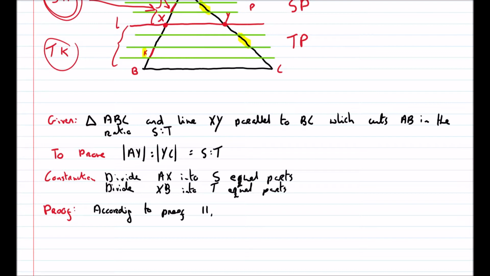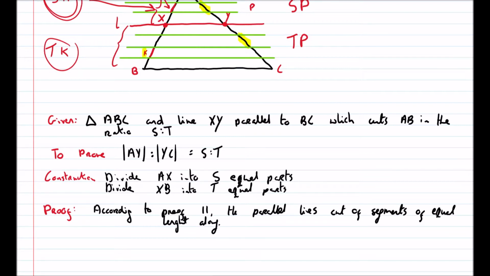So according to proof 11, parallel lines cut off segments of equal length along AC.